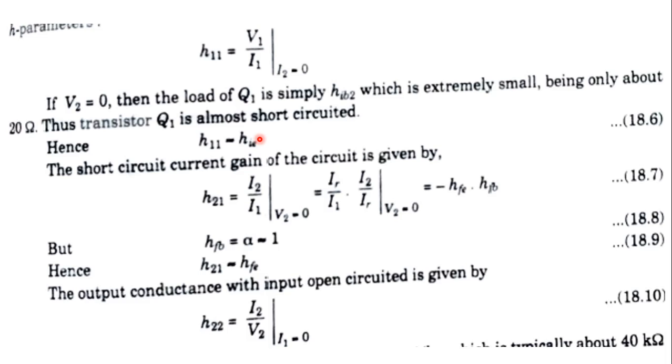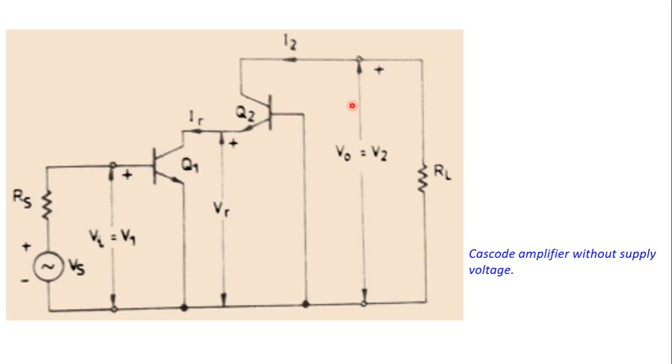This is what is said here: when I2 is equal to 0, the load of Q1 is simply HIB2, where HIB2 is the input resistance parameter for B, for common base, for the second stage.